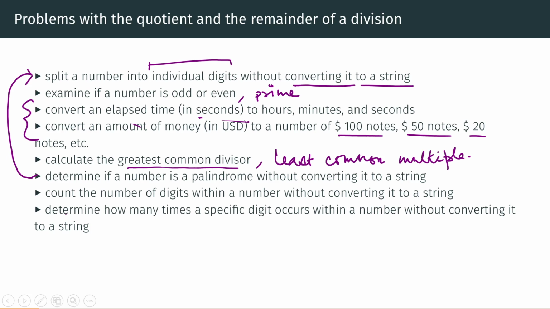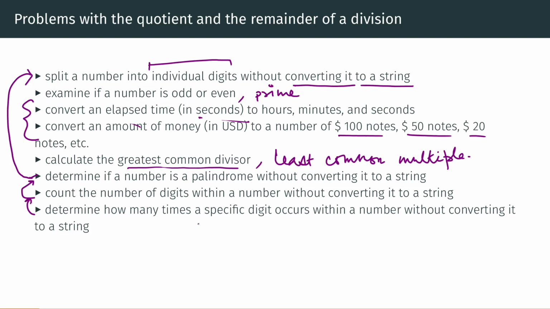As long as you have the individual digits, you can do whatever you like with it. Count the number of digits within a number is very similar. Once you get the individual digits of a number, you can do tons of stuff.